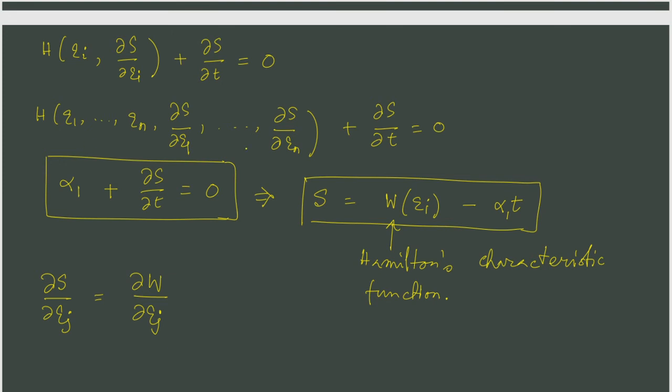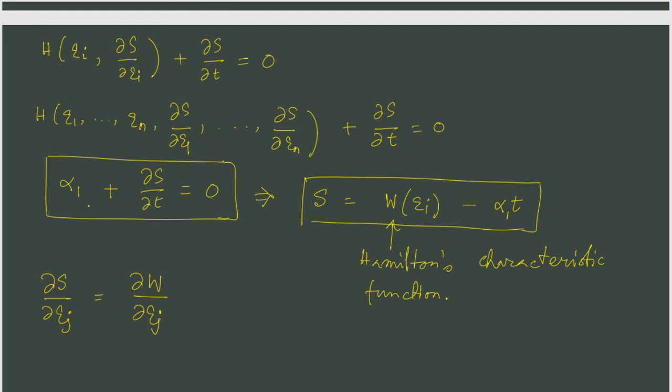We wrote down the Hamilton-Jacobi equation and demanded that the Hamiltonian is not a function of time. Then the Hamilton-Jacobi equation can be written in this form. Only the del S del t part is what we would like to integrate, but since this is not a function of time, it must be a constant.